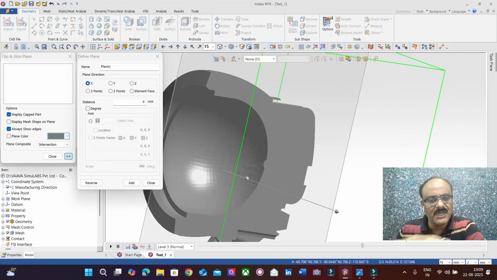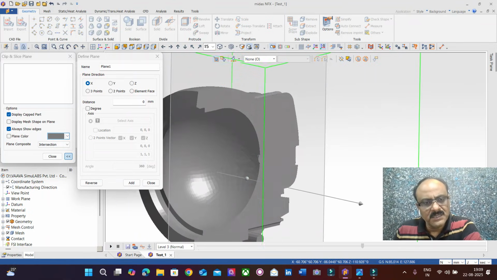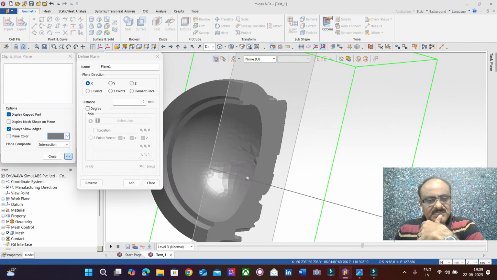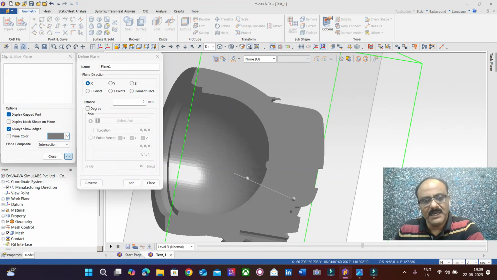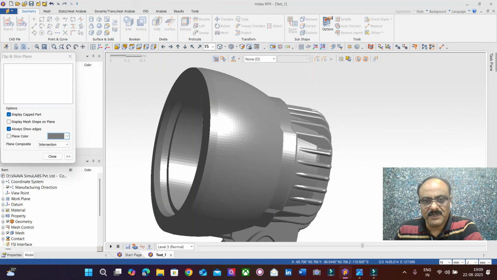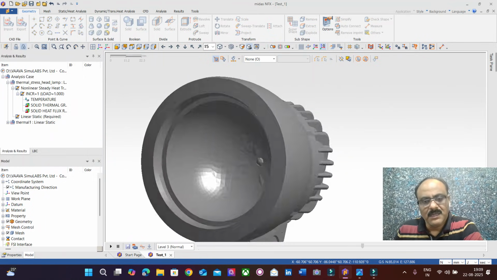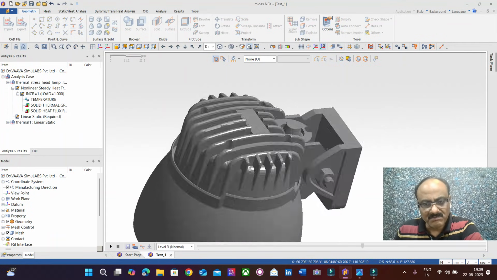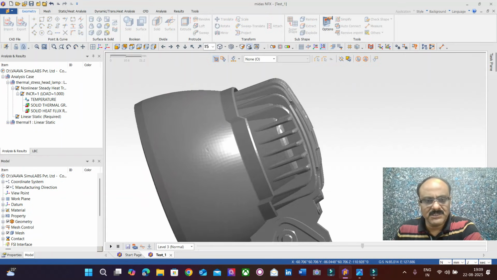So here I am using a hybrid element, and these hybrid elements can comprise prisms, wedges, and hexahedrons. Okay, so all these are going to be contained in the model, I mean the geometry. So this is going to be the meshed model, I mean the 3D model.